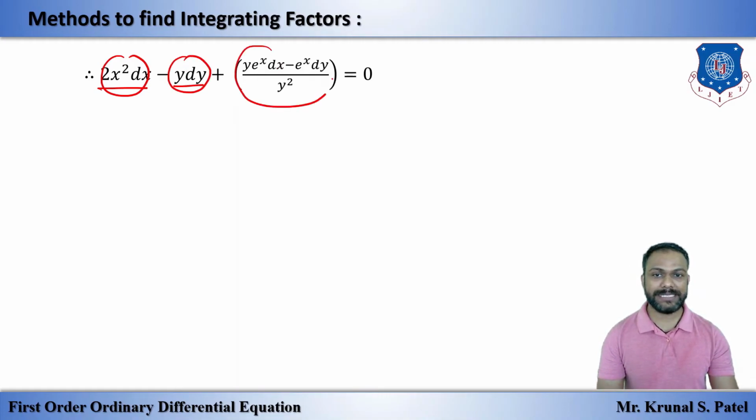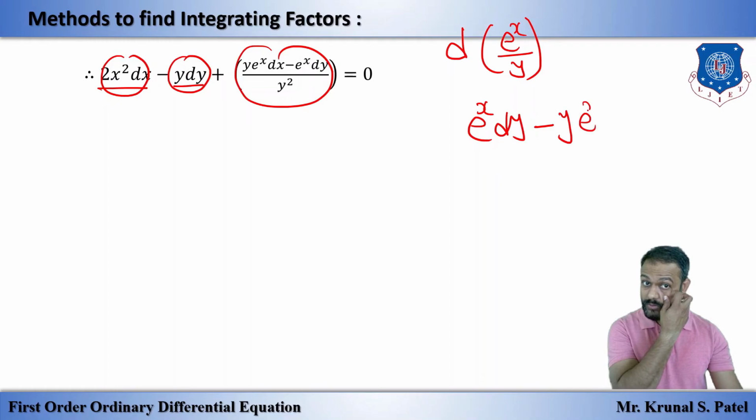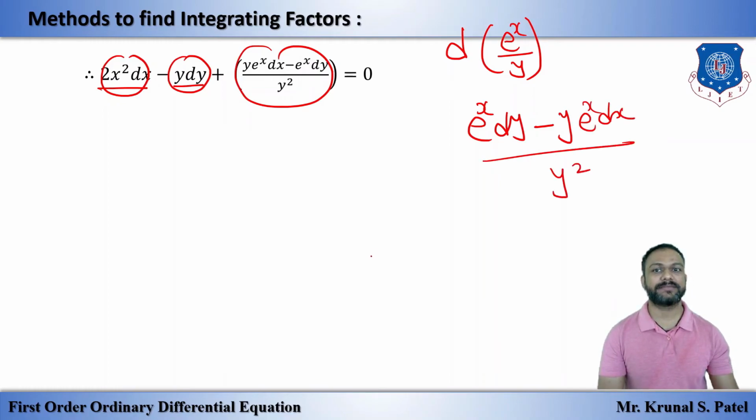And now you can observe this, it is e raised to x by y, differentiation of this. See, denominator as it is, differentiation of numerator minus numerator as it is, differentiation of denominator, and divided by y square. You can see, but the first term is second, second is first, so we can take common minus, so we can write this minus of this.